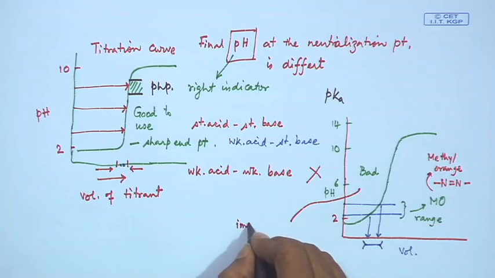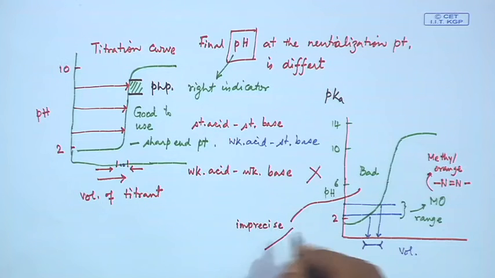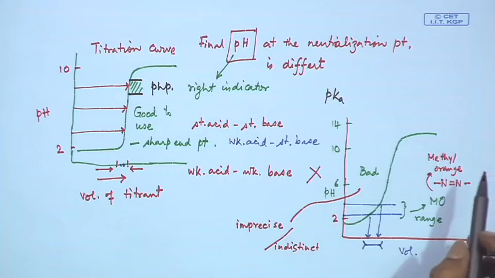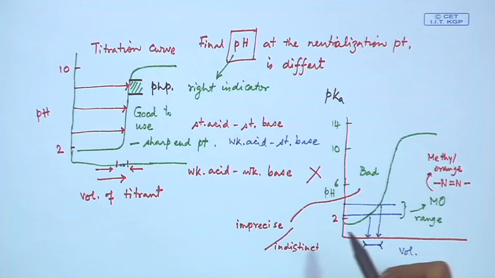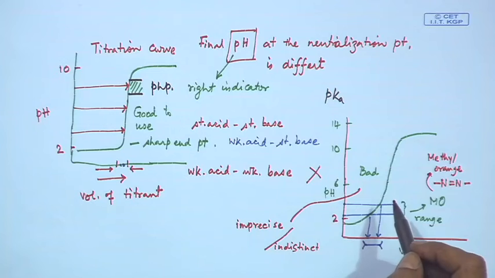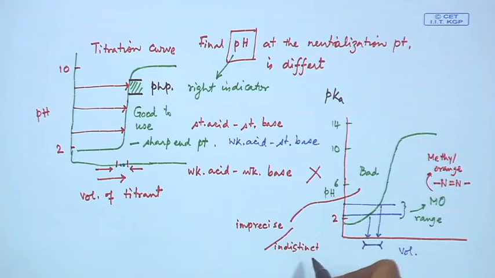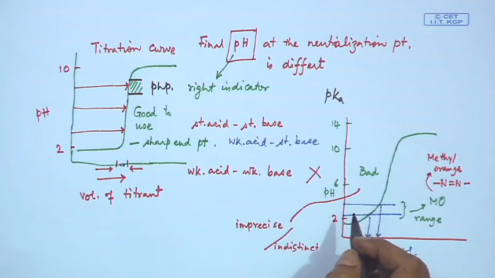Therefore, we can have imprecise or indistinct determination or indication. The indicator is indicating your endpoint, so if it is not very perfect or right, we can label it as an imprecise or indistinct change in the corresponding pH for its color change.